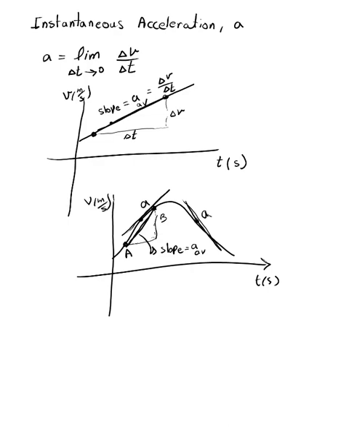This is a very similar idea to what we had for velocity, but velocity was the slope of the line for the graph of x versus t. Now acceleration is the slope of the line for the graph of velocity versus t.